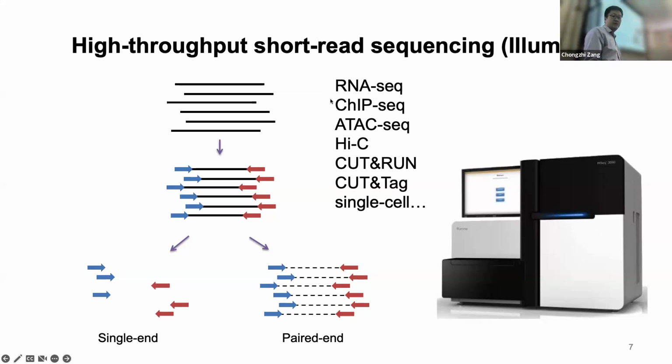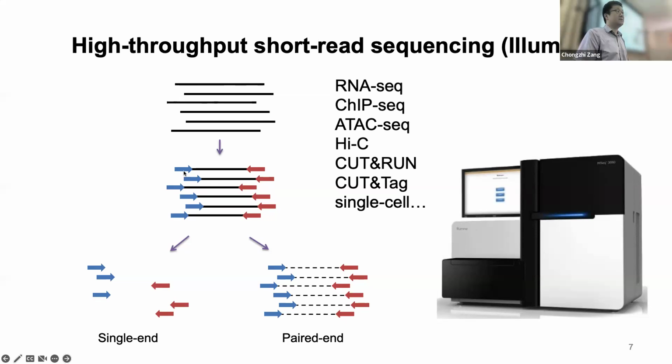You probably heard some of them, like RNA-seq, ChIP-seq, ATAC-seq, or Hi-C, or in more recent years, CUT&RUN and CUT&Tag. And you've heard about the increasing amount of work on single cell sequencing. Most of them are based on these Illumina-based short read sequences.